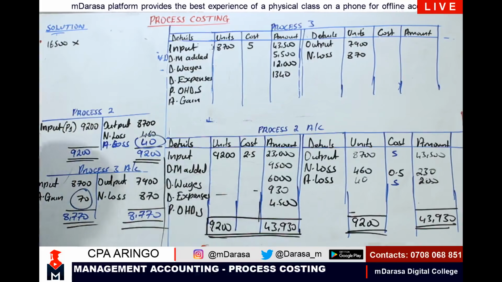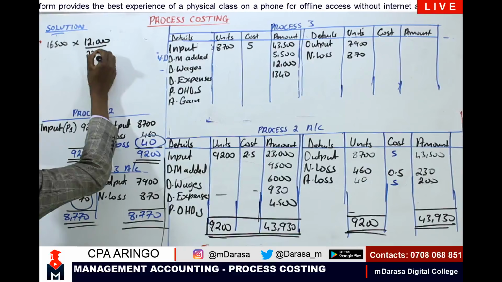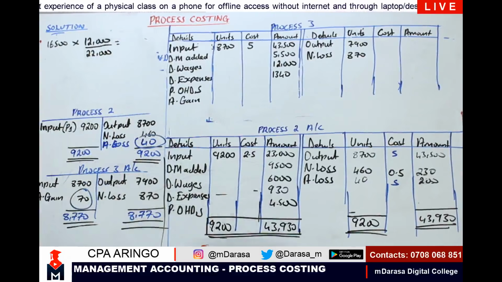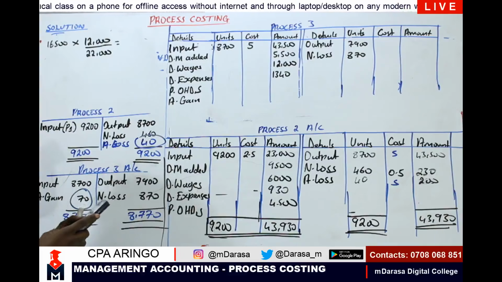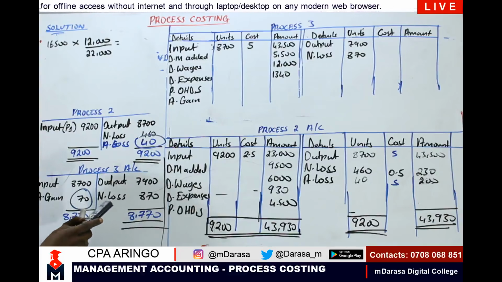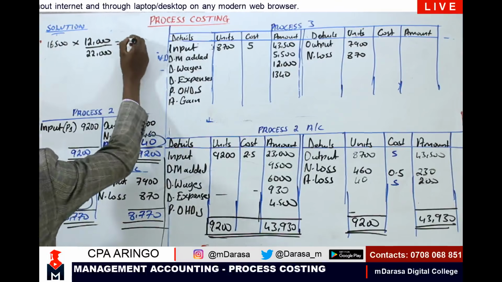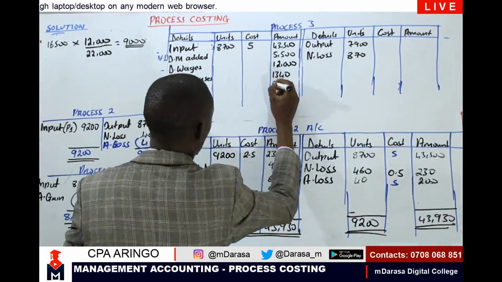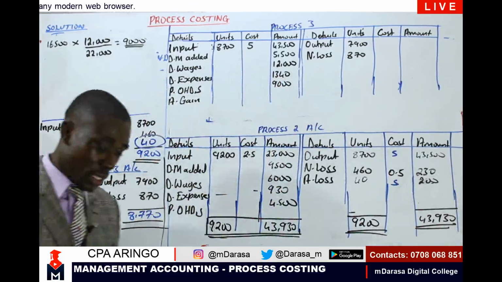Divide by 22,000, times 16,500, to give us 9,000. That should give us 9,000. So confidently, I can write our 9,000 there. So you are done with that part.